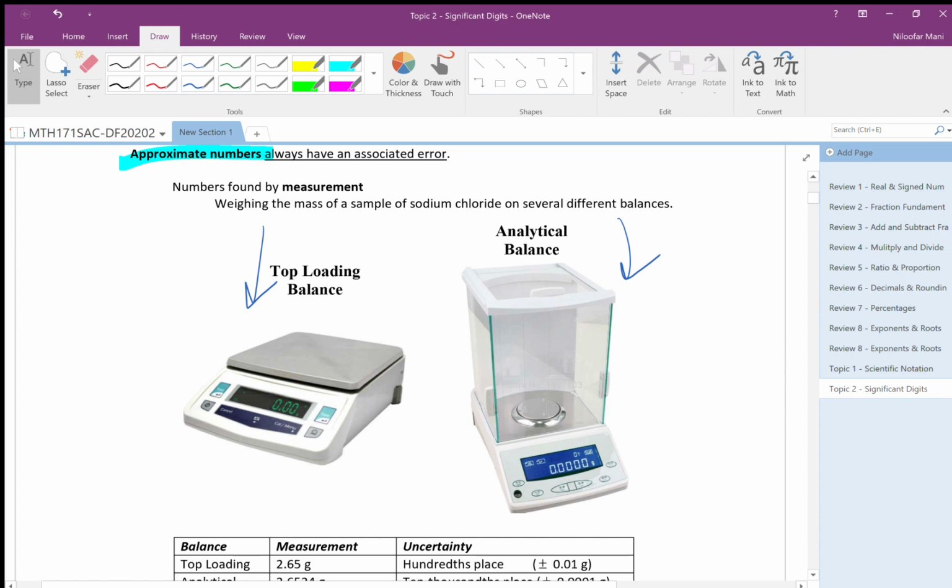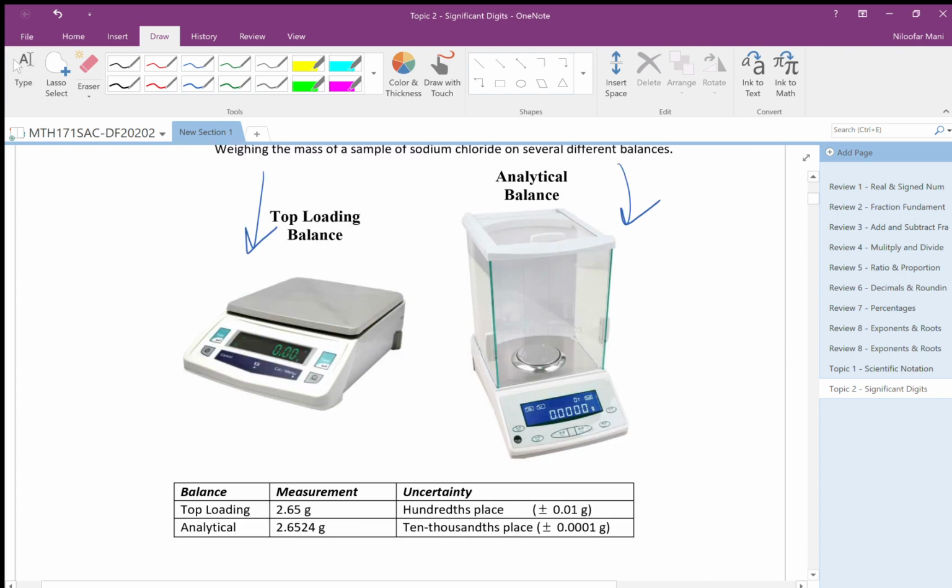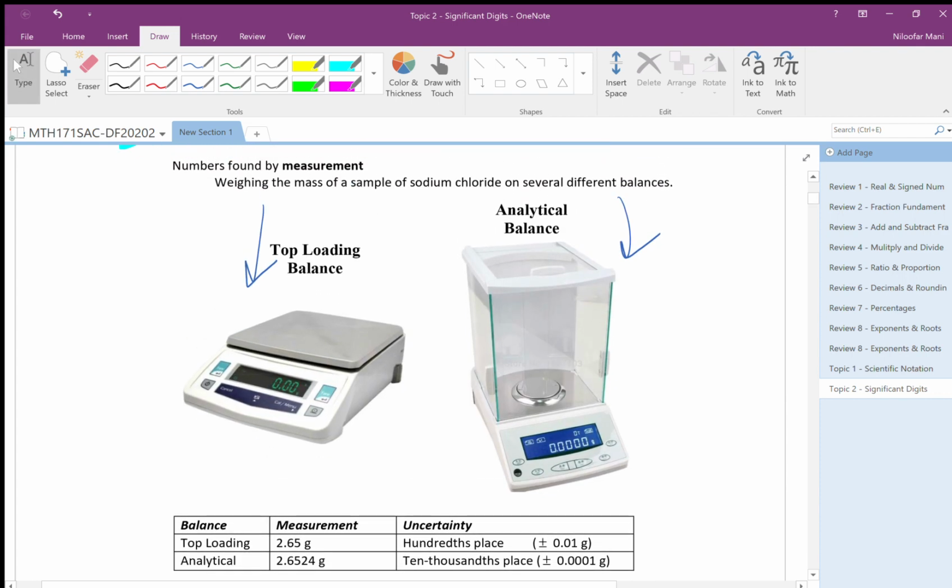So what do I mean here? As I said, I have a sample and I measure the mass, and one of them is showing me this, because the top loading balance is showing just 2 digits after the decimal.